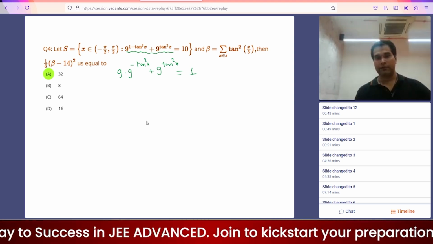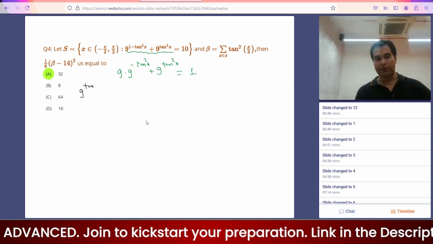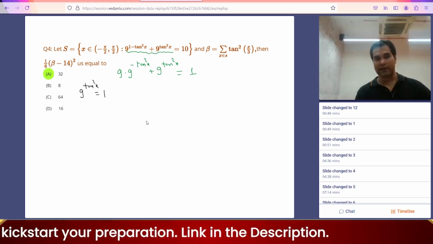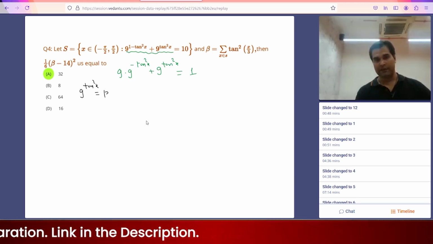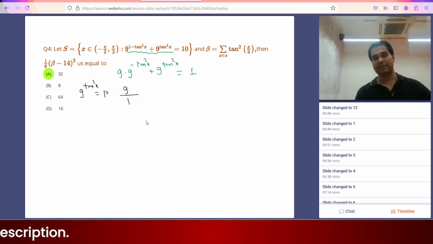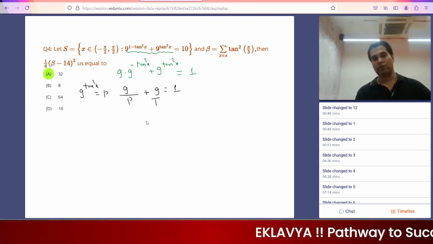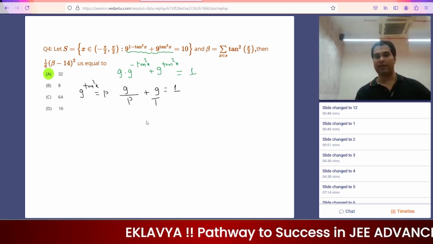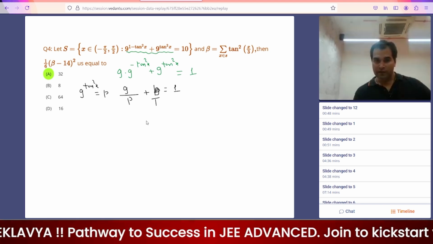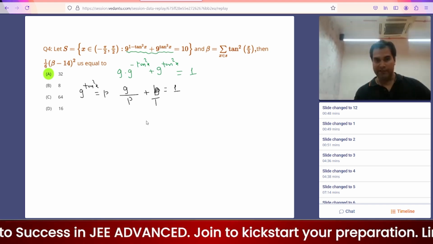If we let 9 to the power of tan square x equal to p, this can also be written as 9 by p plus p equal to 10. Now let's solve 9 by p plus p.